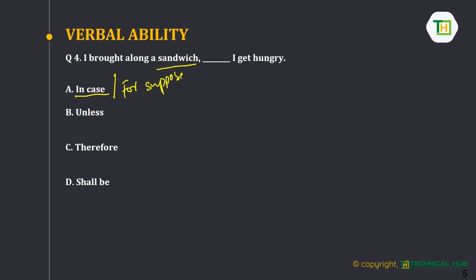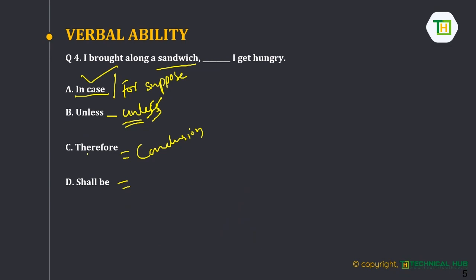suppose if I feel hungry, or for example, "in case", that is what we use, and this is a perfect answer. And "unless": we use unless as in, unless you work hard, you never qualify in your exam. That is how we use unless. Then "therefore" is used for a result or conclusion.